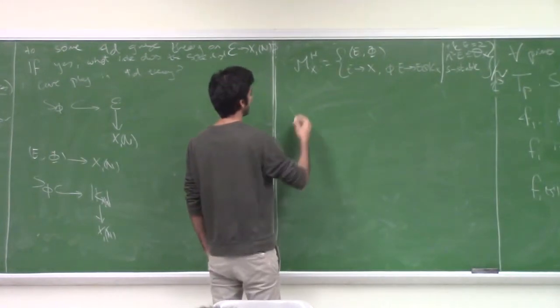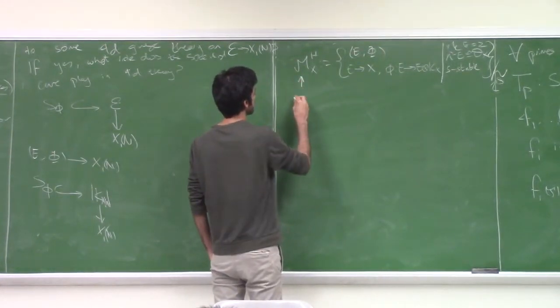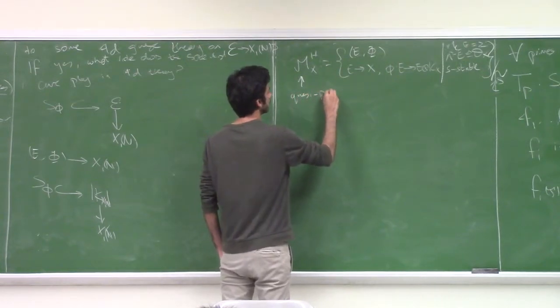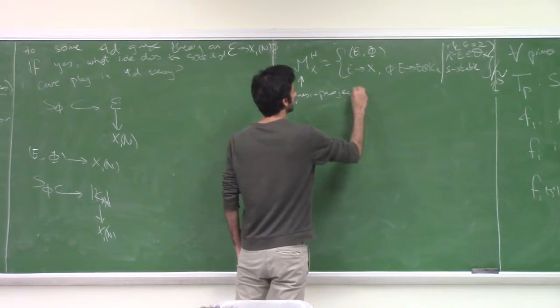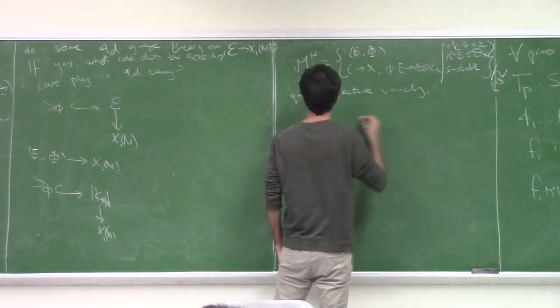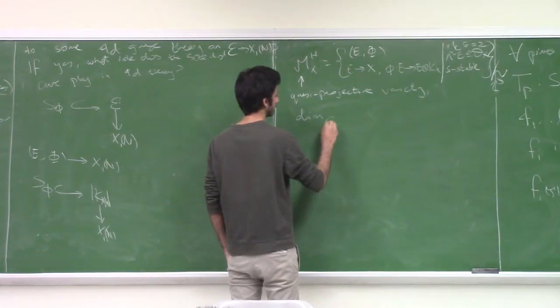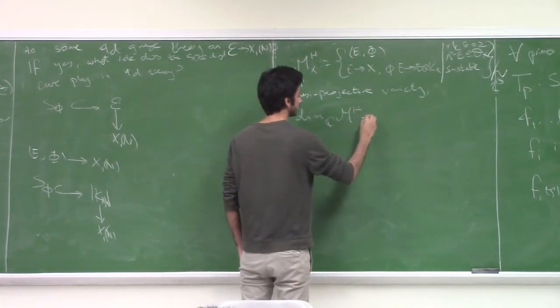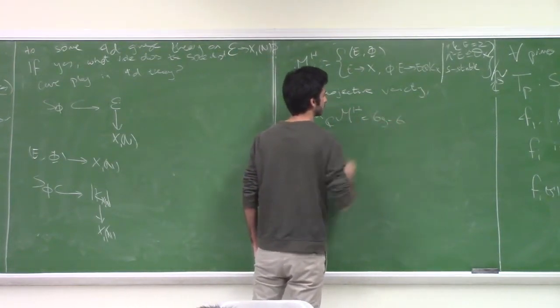This thing is a quasi-projective variety, of dimension equal to 6g minus 6.